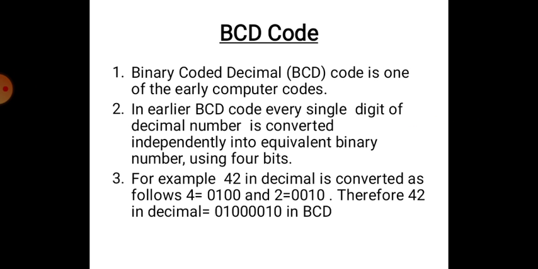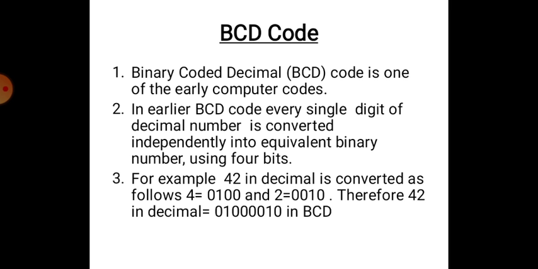So BCD code, point number 1. Binary Coded Decimal BCD code is one of the early computer codes. Point number 2. In earlier BCD code, every single digit of decimal number is converted independently into equivalent binary number using 4 bits.